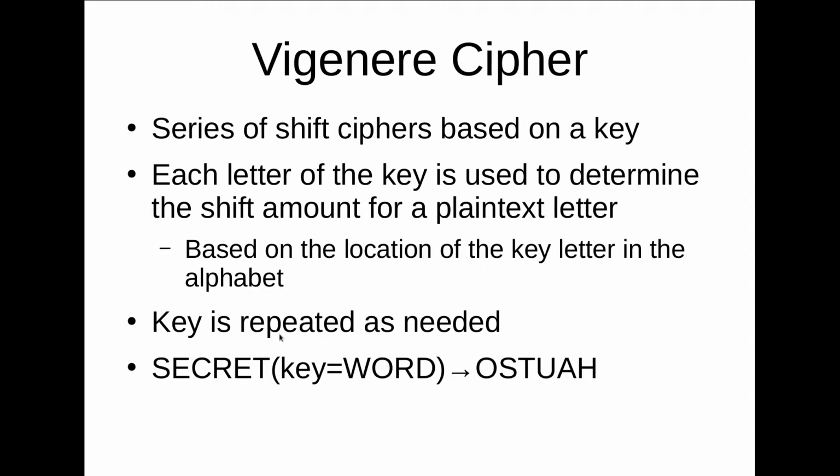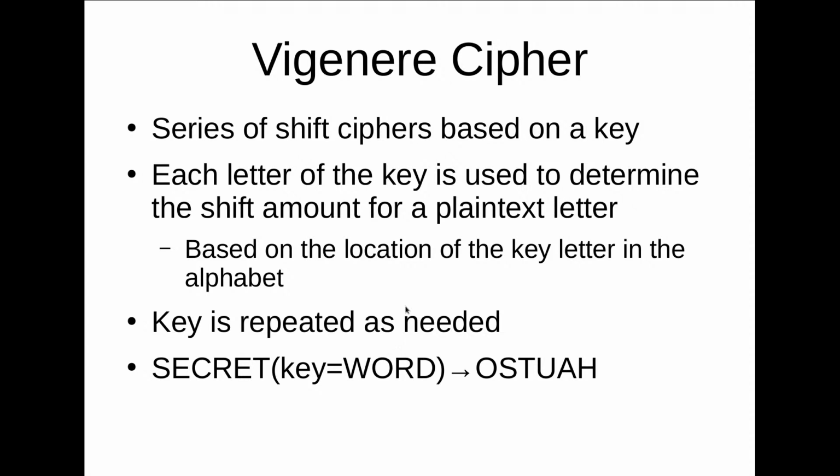A Vigenere cipher is a polyalphabetic cipher because it's basically like multiple different shift ciphers chained together, in a sense, where you have a key which is some word, and you use each letter of the key to encode a shift amount based on where the letter is in the alphabet.